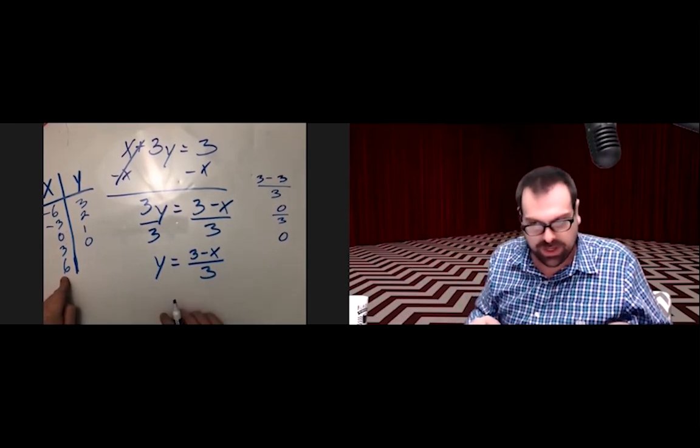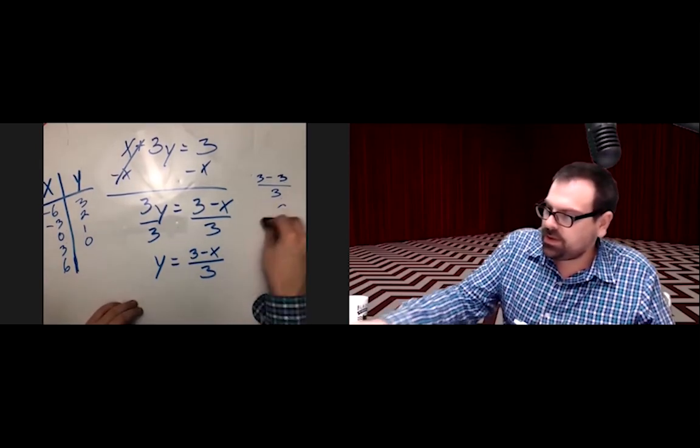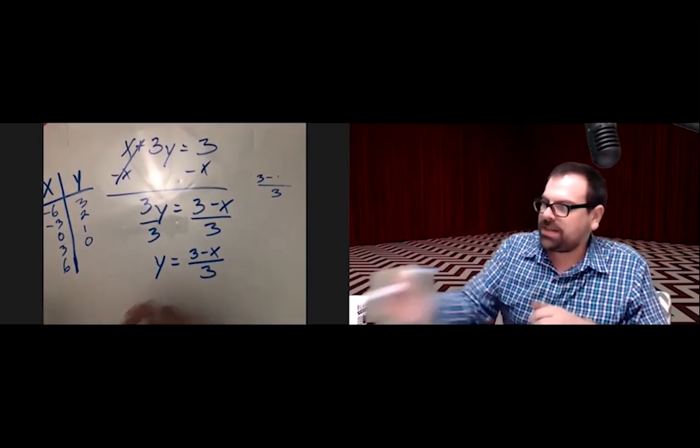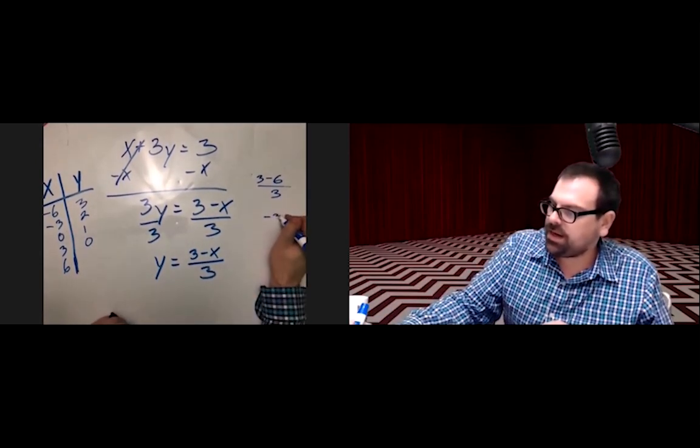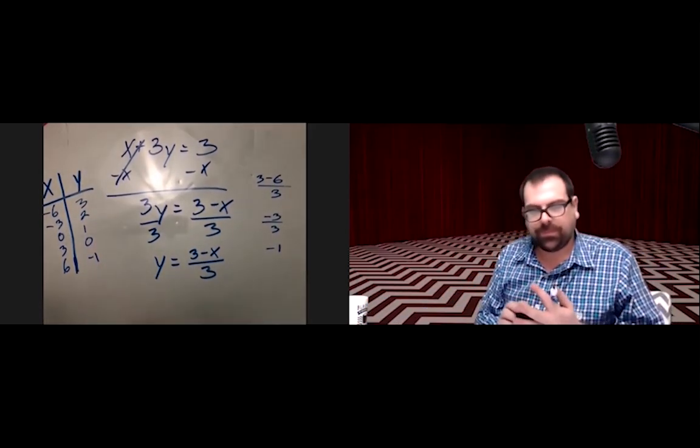If I put 6 in, 3 minus 6 is -3. -3 over 3 is -1.